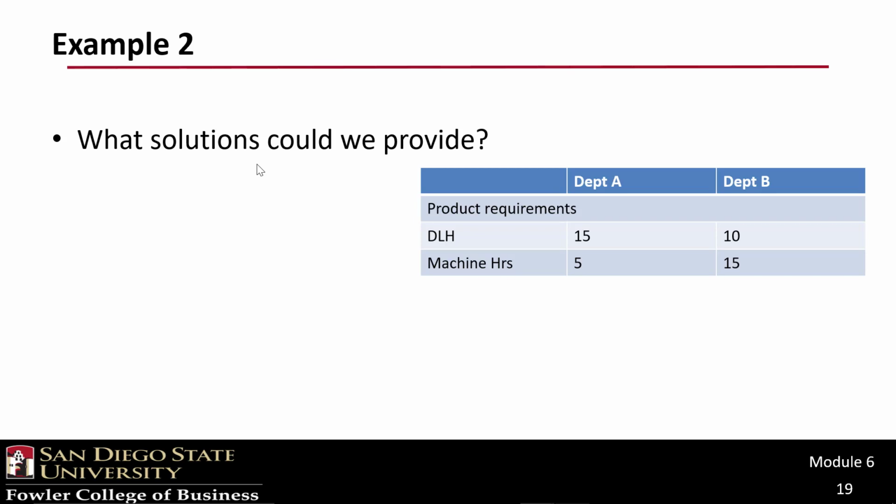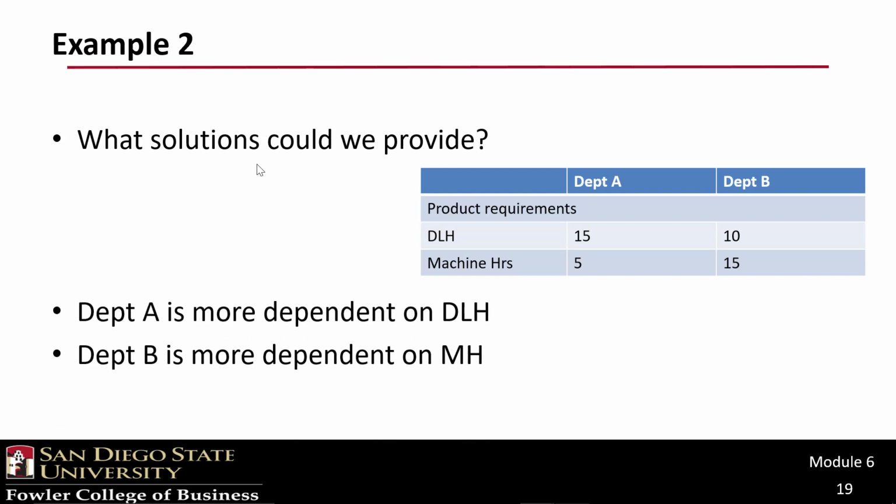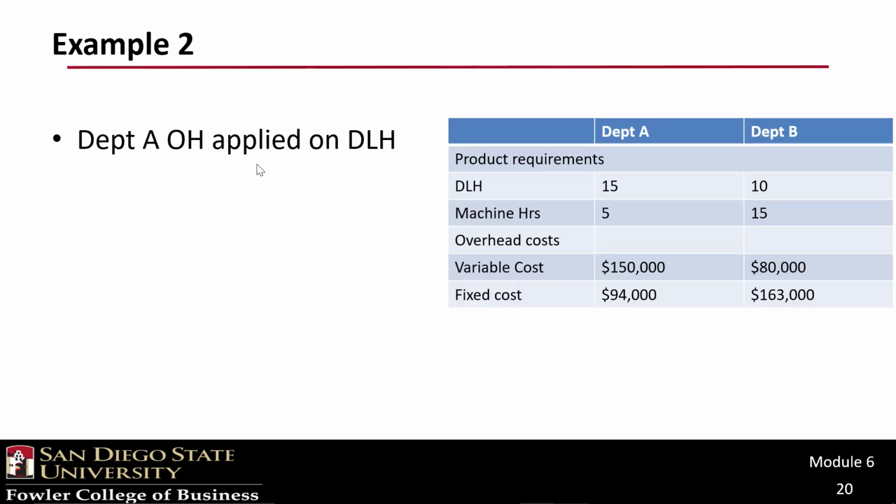And one of the ways we could do that is, look, when we look at the way these activities are breaking out, what Department A does is more dependent on direct labor hours. And what Department B does is more dependent on machine hours. So rather than use a single rate for everyone, why don't we break up the way we apply the overhead? So we'll apply Department A's overhead based on direct labor hours.